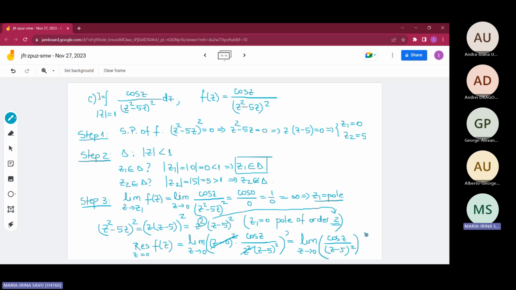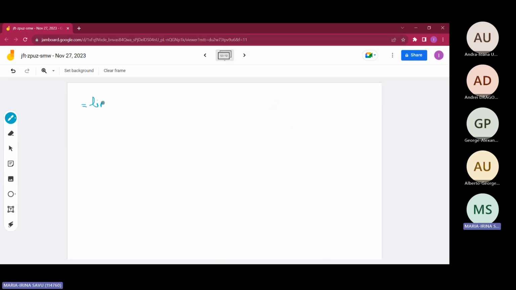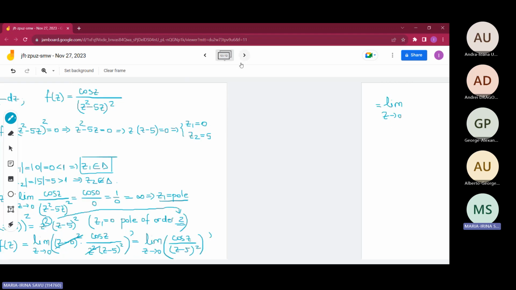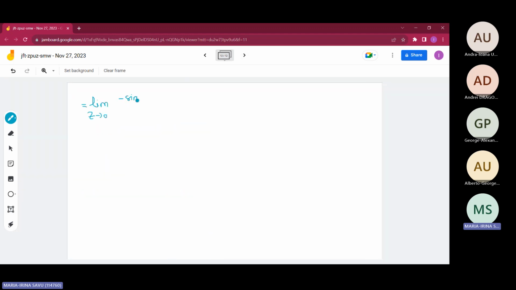And let's see. The limit when z goes to 0 of the derivative: we will have the derivative of the cosine, which is minus sine of z, times (z minus 5) squared, which is copied, minus cosine of z times the derivative of this function, which is 2 times (z minus 5), over (z minus 5) to the power 4.